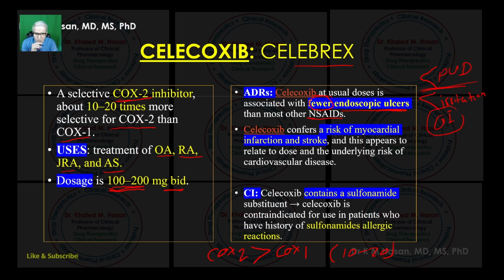Issue number one: the studies found that COX inhibitors in general increase the risk of myocardial infarction. So in general, this group of medication increases the risk of cardiovascular infarction and stroke even with therapeutic doses, especially when you give this medication to patients suffering from underlying heart disease, for example.